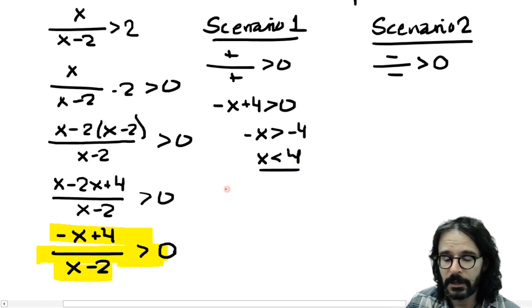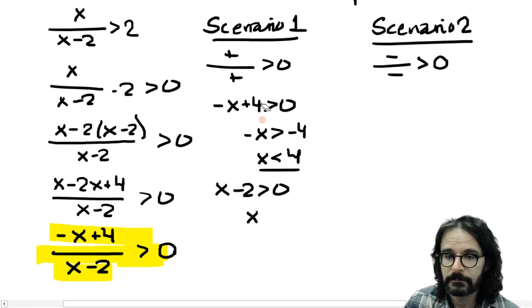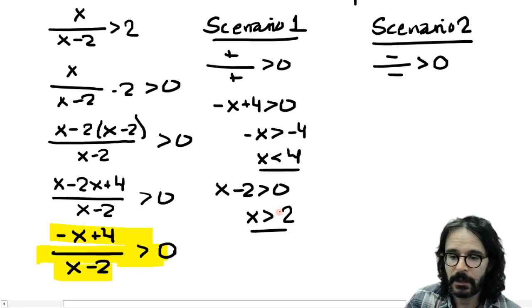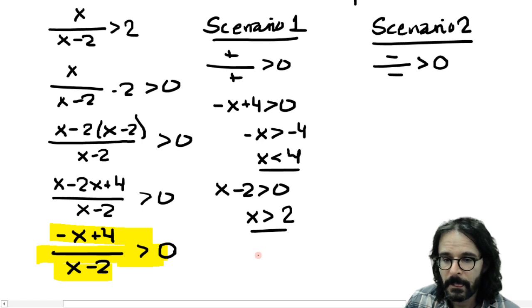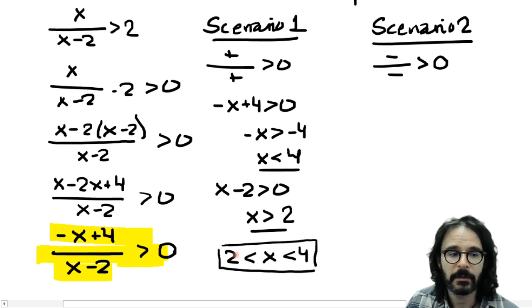We also want the denominator to be positive, so x minus 2 is positive, which happens when x is greater than 2. So there is our interval. For scenario 1, x is greater than 2 but less than 4.